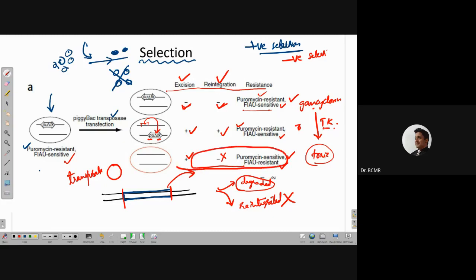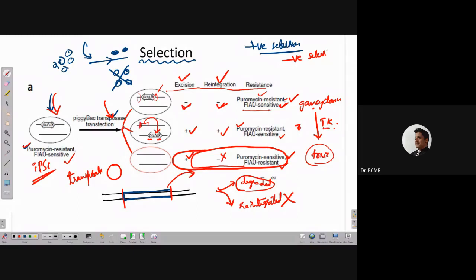So once we have integrated the OKSM factors, got the puromycin resistant induced pluripotent stem cells, then we put in transposase, and there are three possibilities. In some cells it might not have removed the transposon. Those will be puromycin resistant, FIAU sensitive.